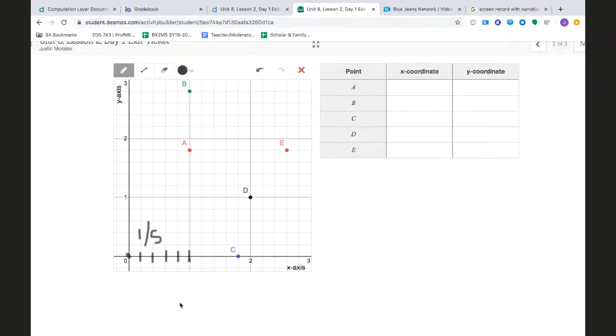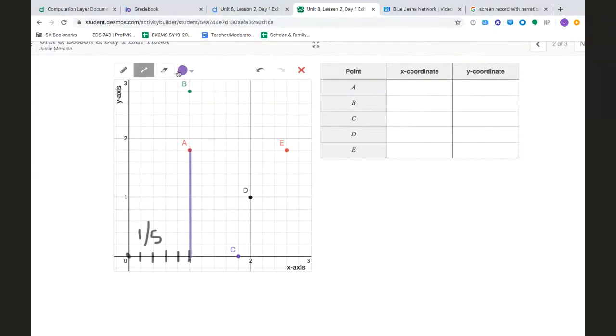So now that we know what each tick mark is, now we can find the value of the x coordinates and y coordinates of every value. So let's go ahead and first figure out A. Well, we know right here this is our x-axis. So if we want to figure out what our x coordinate is, we just want to take from our A point and draw a line all the way down to the x-axis.